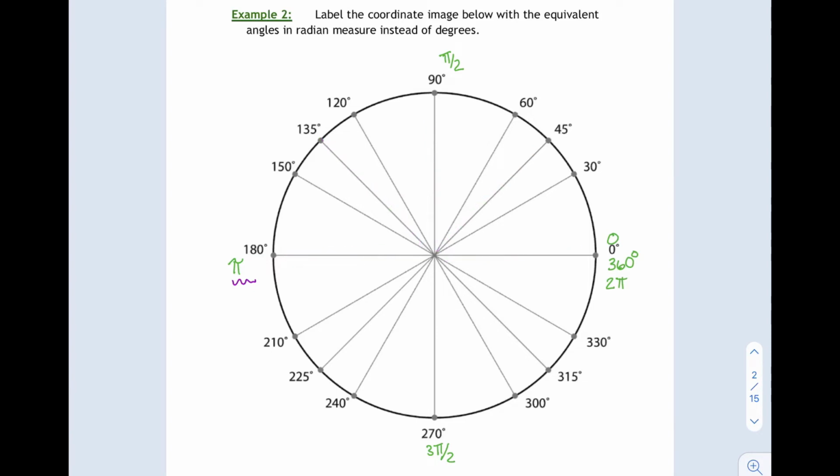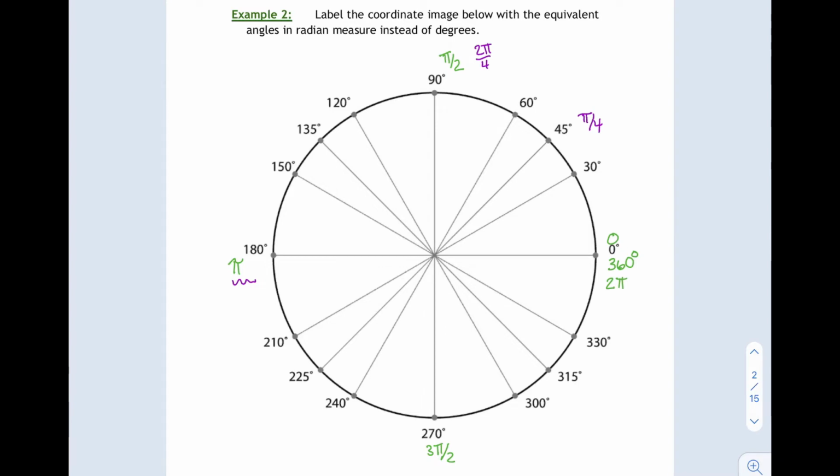So 45 degrees is 1/4 pi, or pi over 4 radians. And then I can just add multiples of pi over 4 for every 45-degree angle measure that's added. So this is 1 pi over 4. 90 degrees is another 45, so it's 2 pi over 4, which I already have labeled as pi over 2, but this makes things easier to think about.